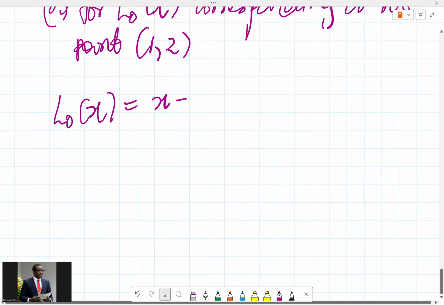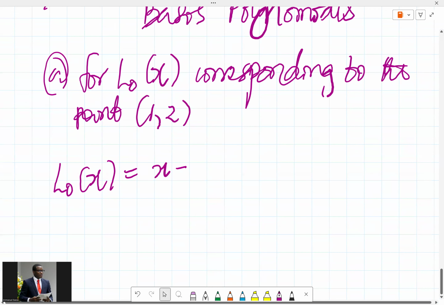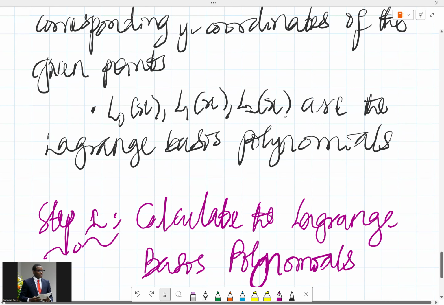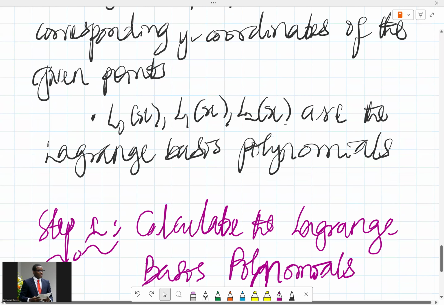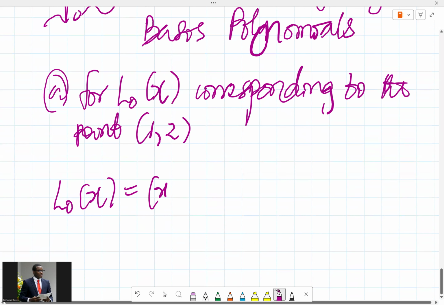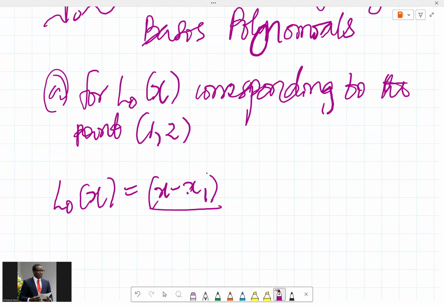So if I'm going to generalize the formula, this is going to be the product of, since we are focused on x naught, that'll be x minus x1 all over x naught minus x1, multiplied by x minus x2 all over x naught minus x2.